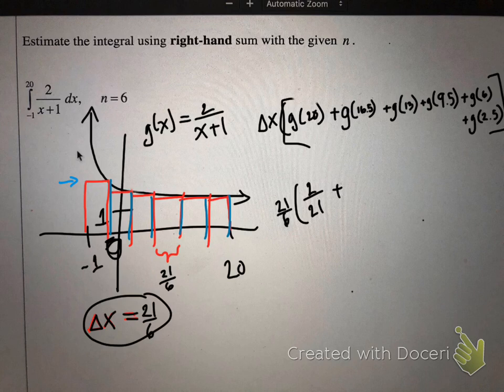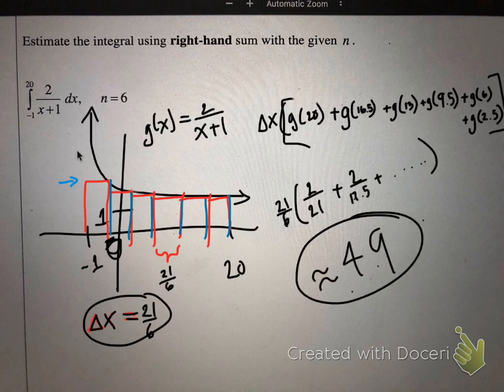And then the next one is going to be 2 over 17.5 plus, etc. So when we do that, we get an approximation of 4.9. Okay, so hopefully this all made sense.